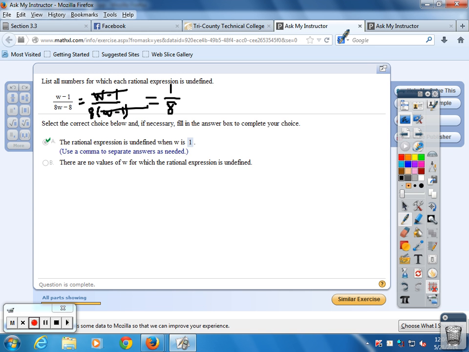Now, they also want to ask what's the number that you can't use. So 8 times W minus 1 is equal to what? 0, because that's in the denominator. 8 cannot equal 0, so it goes out. And W minus 1 is equal to 0.